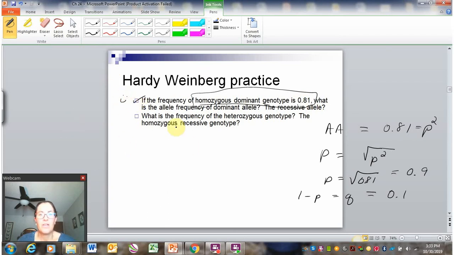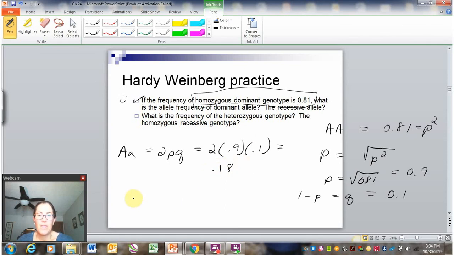Did that part. Okay, what is the frequency of the heterozygous genotype? Well, we know our P's and our Q's now. In order to solve for the heterozygous genotype, which remember is equal to 2PQ, I'm going to take 2 and multiply by 0.9, multiply by 0.1, and that's going to be equal to 0.18.